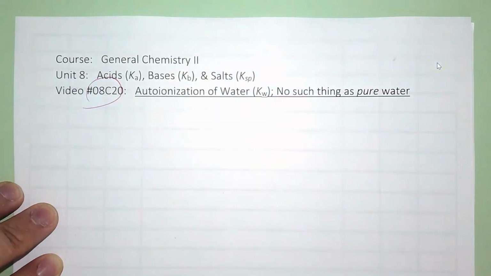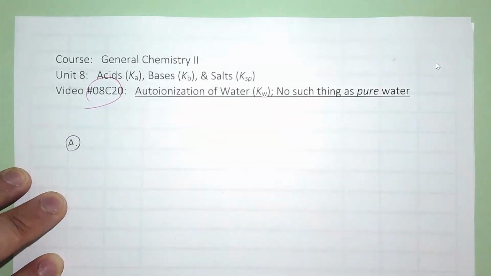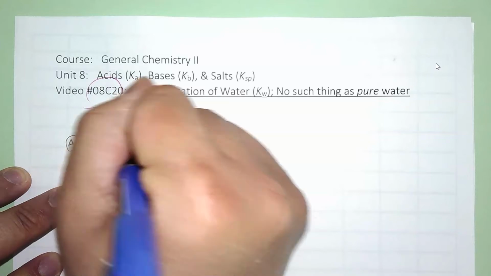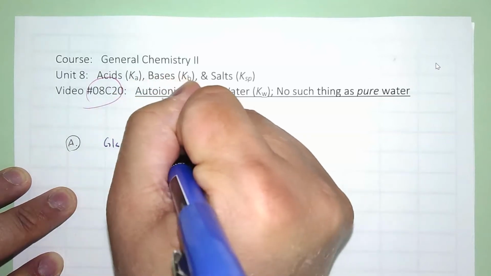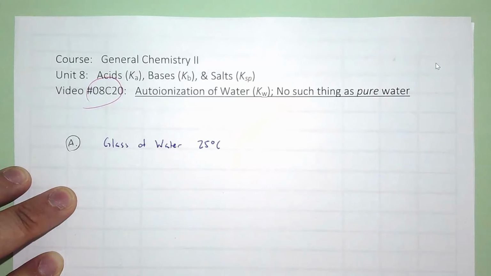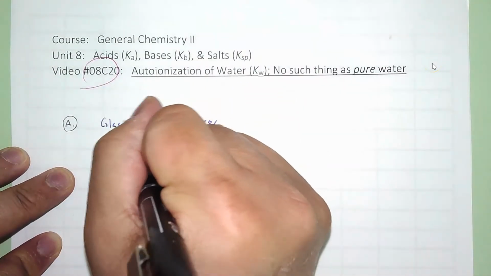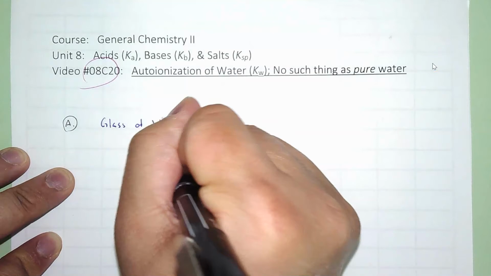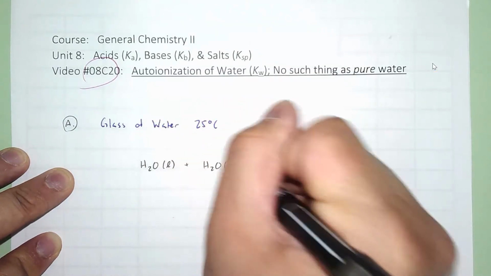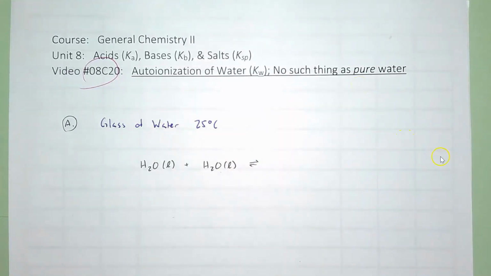Let us take a glass of water at 25 degrees C. And what we have are liquid molecules of water, and I'll draw two of them, liquid. And the thing is, water autoionizes.